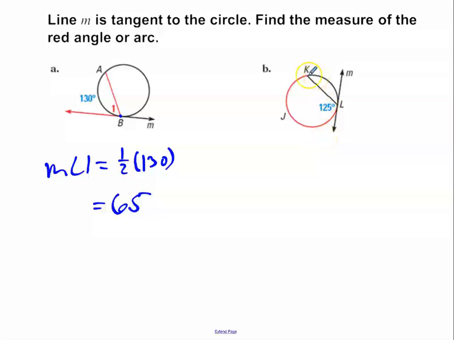The measure of the arc is what we're asked for, and we're given the angle. Again, the vertex is on the circle, so the measure of the angle, which is 125, is half of the arc. So half of the measure of arc KJL.